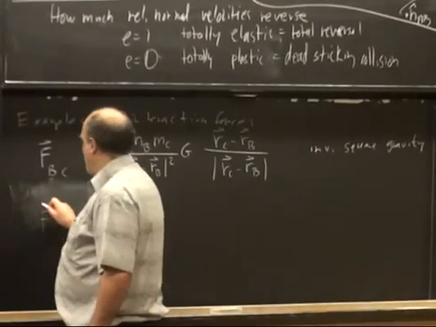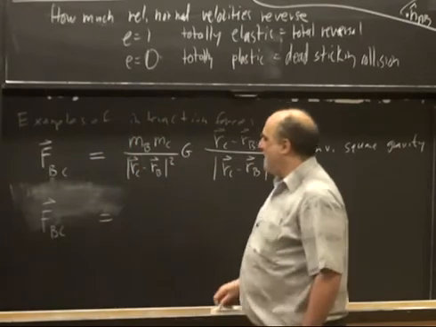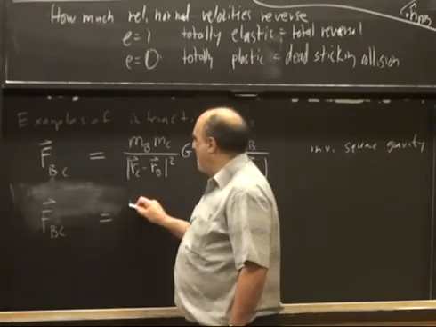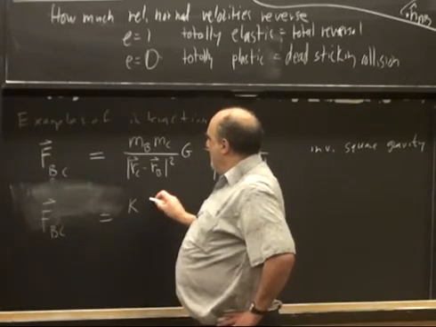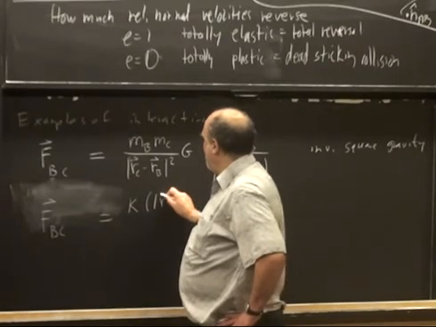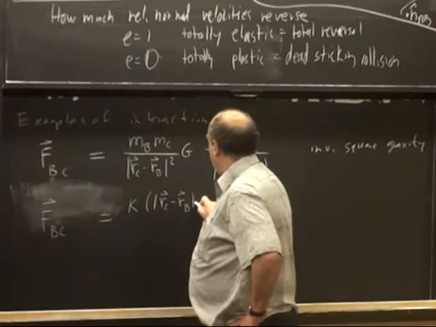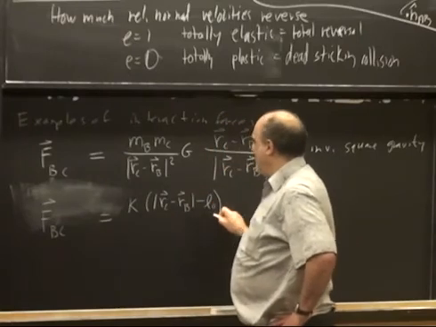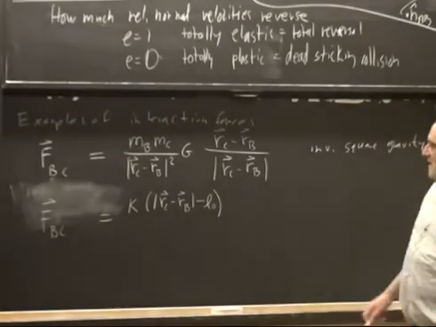Another example would be, say, for a spring. Let's say it was a linear spring connecting these things. Then the magnitude of the force would be K, the spring constant, multiplied by the change in length, which would be the magnitude of RC minus RB. That's the current length minus the initial length. That's the magnitude of the force. And we multiply it by a unit vector in the right direction.